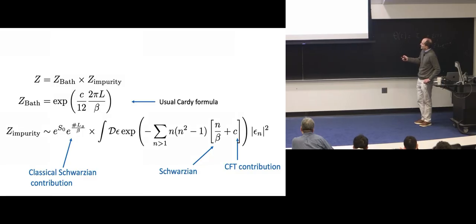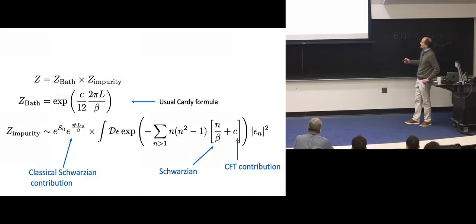It goes like 1 over beta. Here there is a factor of L_s that I just set to 1. What we see is that when beta is very large, this term goes to 0 and this action becomes very small. That means that there could be large quantum fluctuations, if we only had that term.